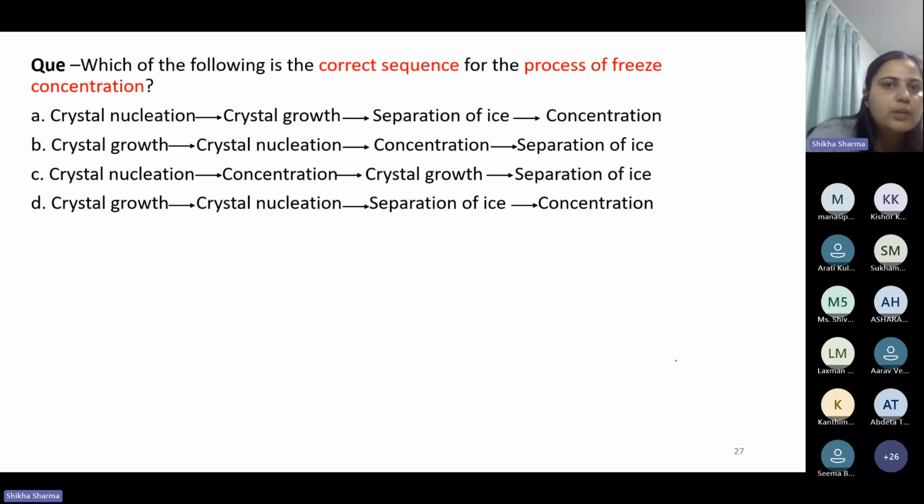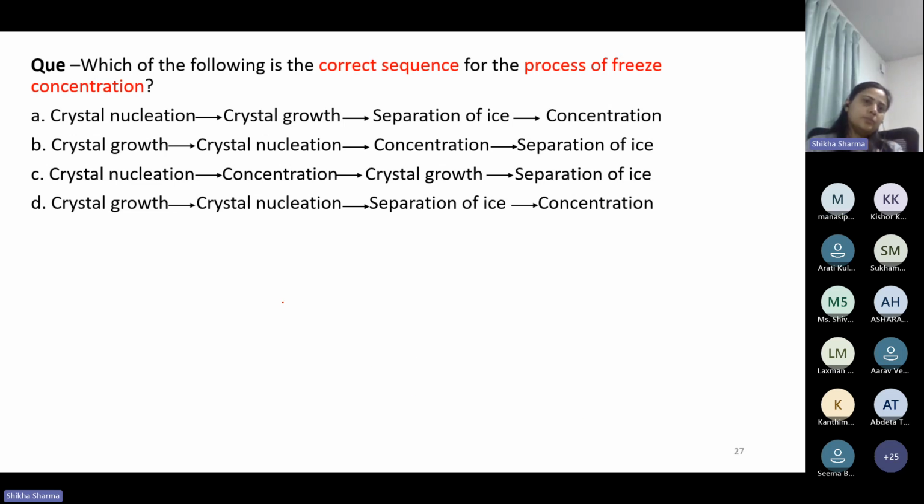Which of the following is the correct sequence for the process of freeze concentration? Crystal nucleation, growth, separation of ice, concentration. We have these four operations. Which option sequence is following?